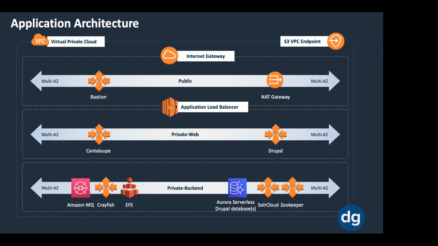S3 VPC endpoints, as you can see in the top right-hand corner, are used to ensure that the S3 traffic stays within the AWS infrastructure, and is thus more secure and performant. Amazon MQ is used as a drop-in replacement for ActiveMQ. We'll be using Amazon MQ instead of SQS because Islandora has a STOMP requirement.